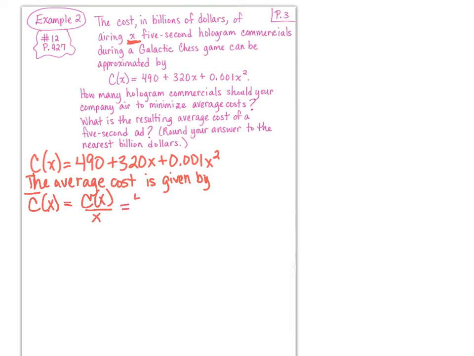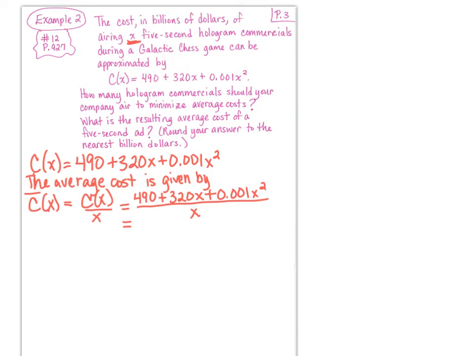So that will be equal to 490 plus 320x plus 0.001x squared all over x. Dividing everything by x is the same thing as taking each term here and dividing it by x.